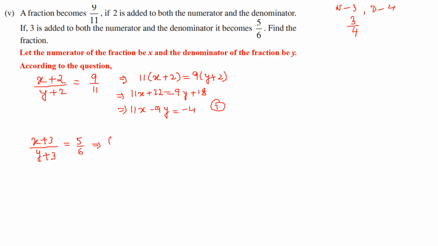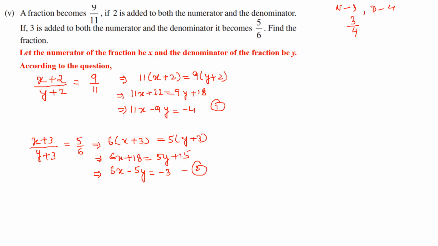Again cross multiply: 6 times x plus 3 equal to 5 times y plus 3, which will give 6x plus 18 equal to 5y plus 15. Now further we can write 6x minus 5y equal to minus 3. So this is my second equation. Okay. Now from the second equation I can write 6x equal to 5y minus 3.